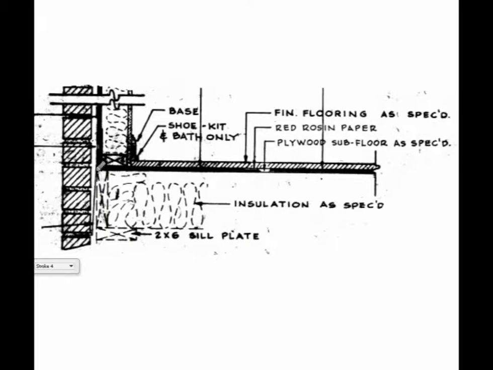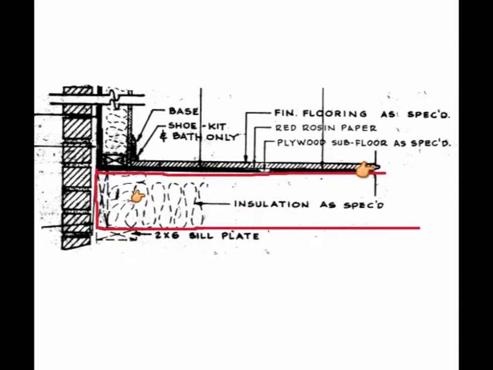In this diagram, this represents the 2x8 floor joist. Sitting on top of the floor joist is the subfloor. This here is the header joist in the floor system.